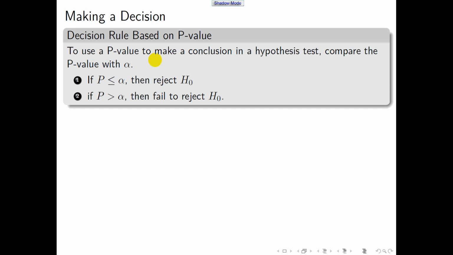You are going to support the null hypothesis, because if p is big enough for you, it means that your null hypothesis is plausible. If the p-value is smaller than the alpha you decided from the beginning, you say, okay, the p-value is not big enough for me. I'm going to reject the null hypothesis. Good?